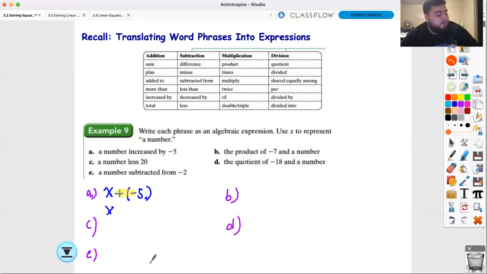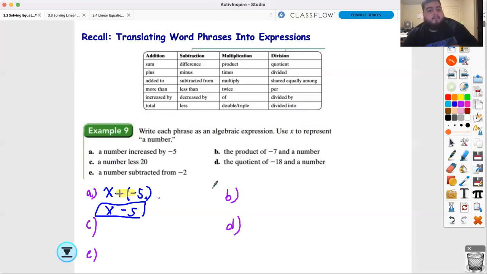Anyone remember? It's subtracting. Thank you. It's X minus 5.